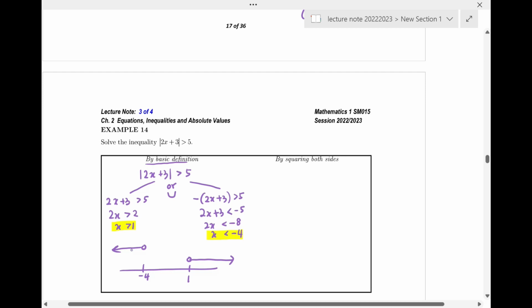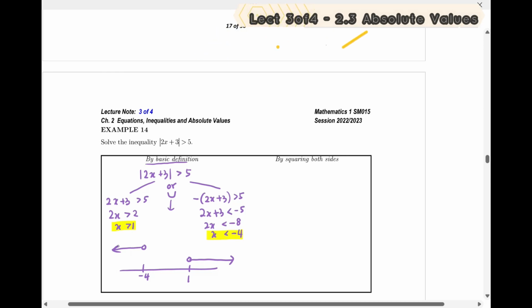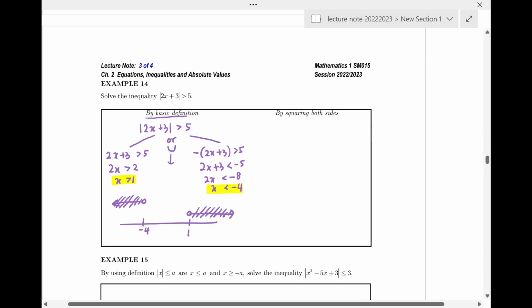Now here we have union. Union means we have to take all the lines, so I'll take all the lines here and here. The answer should be the solution set x, where x is less than negative 4 or x greater than 1.